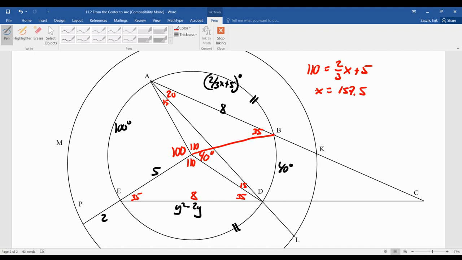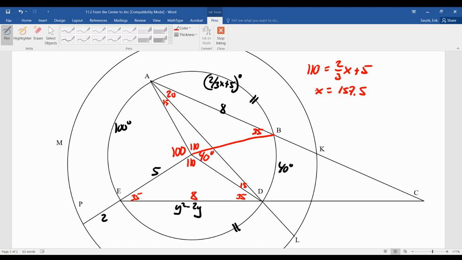The next thing is the measure of arc EAB. Well, that's just going to be 210, right? Because you got 100 there, and you know this is 110. So that's 210. Angle FED. Oh, F was in the middle. That's right. So FED, we already found that. It's 35 degrees.